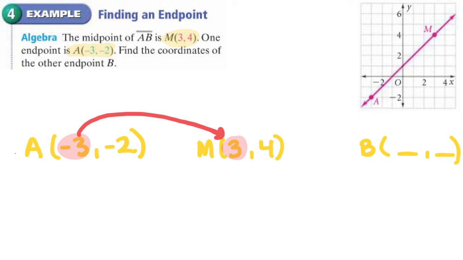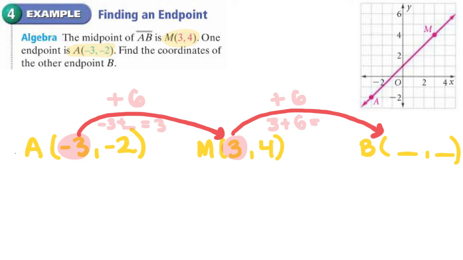So what would I add to negative 3 to get 3? And the value you would have to add there is 6. So to get from this x to the next x, I'm going to add 6 again, which means I'm going to have 3 plus 6, which gives me 9. So my x coordinate is 9.